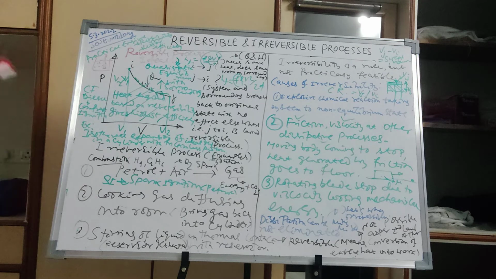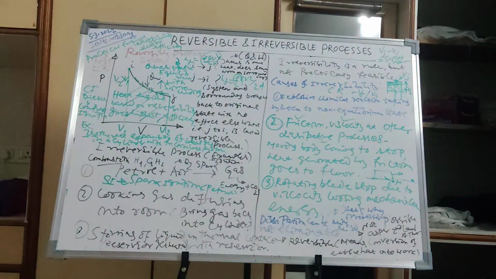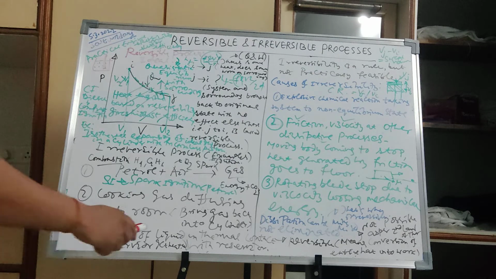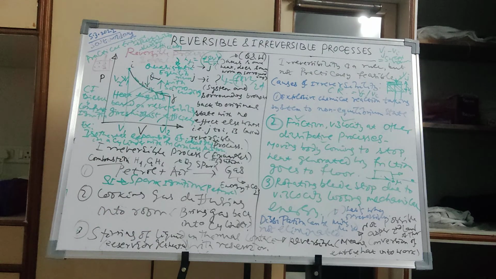Because of the presence of friction and viscosity in nature, the process cannot be reversible. Reversible means conversion of entire heat into work. Take stirring a liquid: you put in some work that goes as heat into the liquid and gets transferred to the vessel.